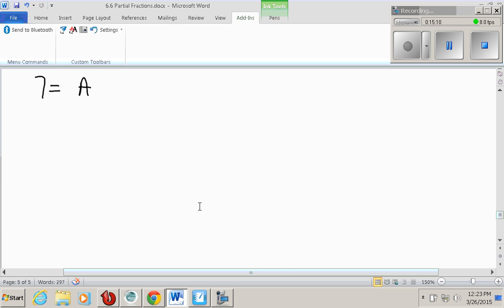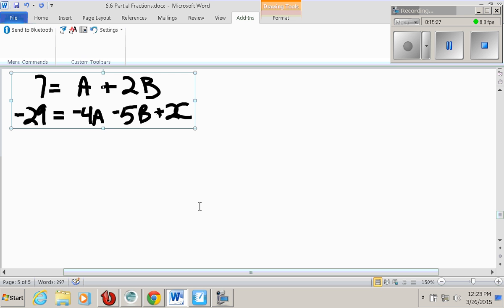So if you follow those arrows I had just drew, now we have three equations, a system of equations.